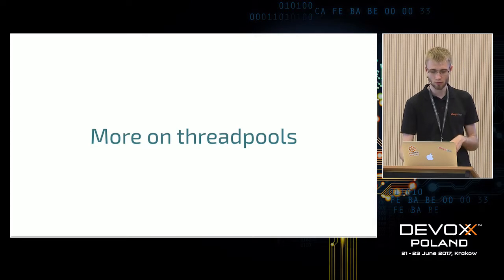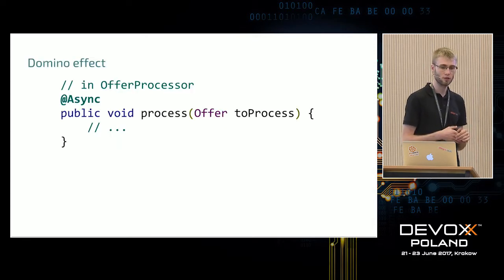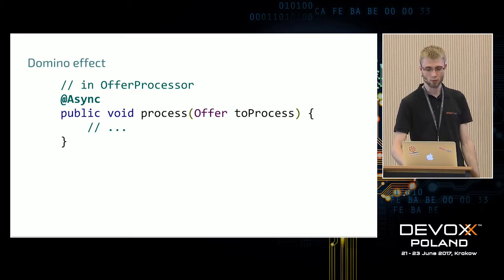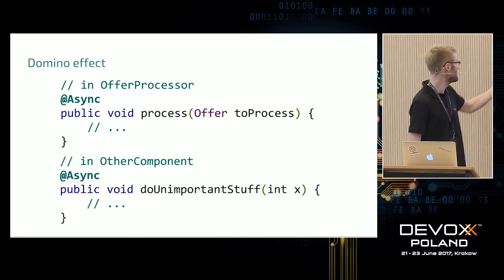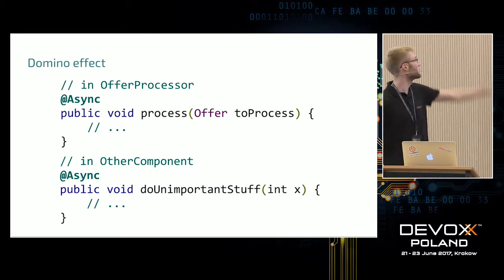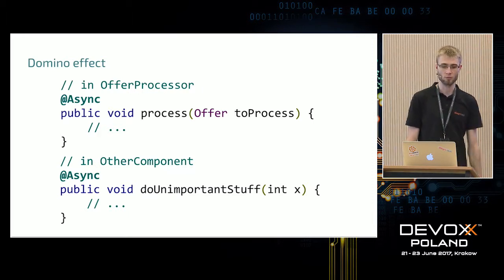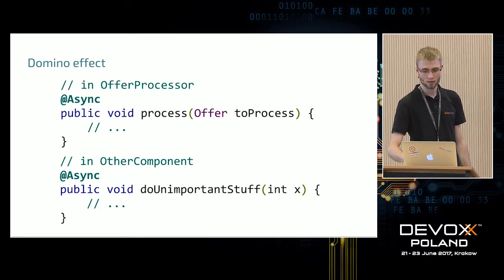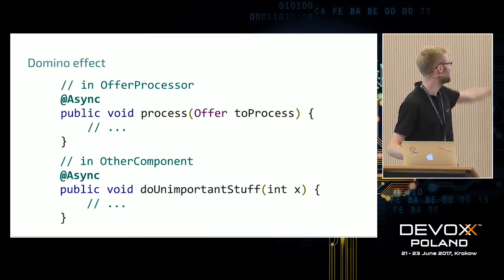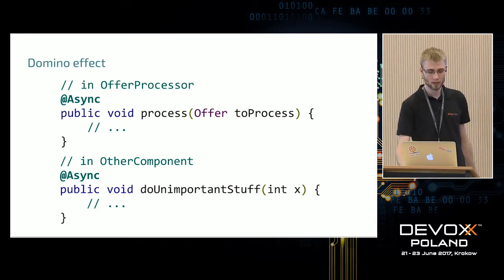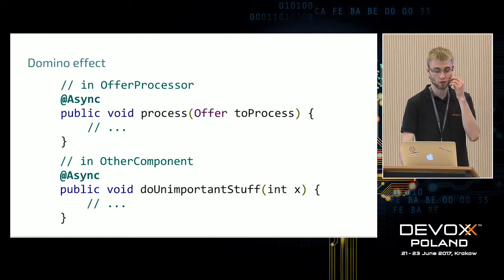And a bit more on thread pools. Something we also saw, what I call the domino effect. Let's say we have a new feature. It's doing some unimportant stuff in some other component, and processing offers is the important thing in our application. And they are both processed asynchronously. The problem is that these are going to be processed on the same task executor, because by using @Async, we say execute on the default executor that you have in your context.